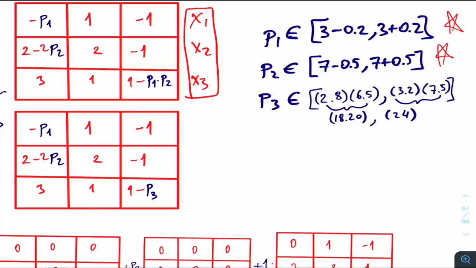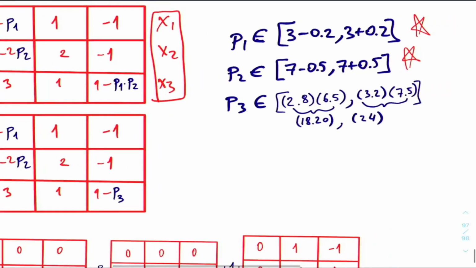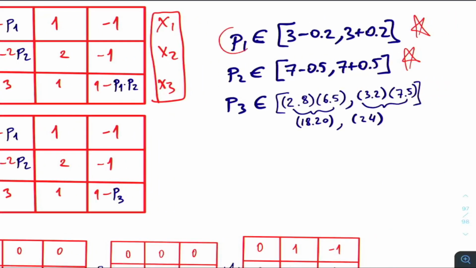Okay, and here again we have those two parameters, and I just called P1 times P2 as P3. I just rename that.